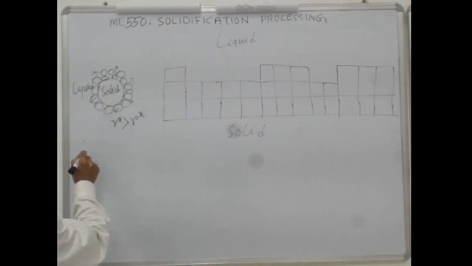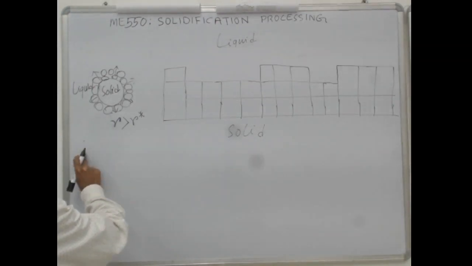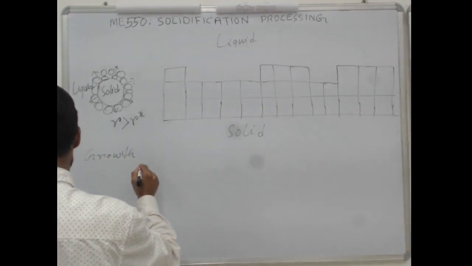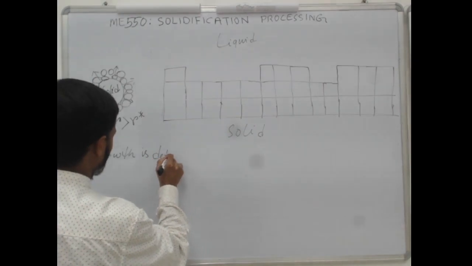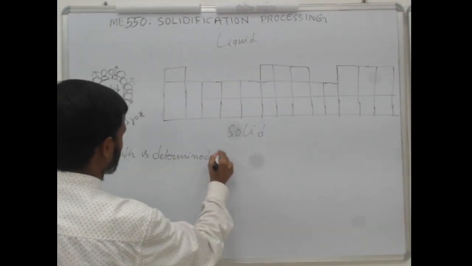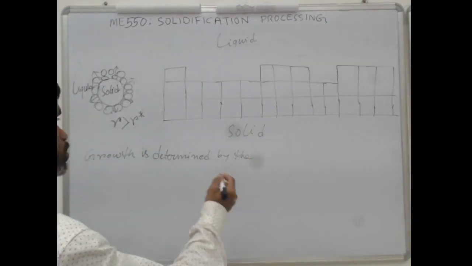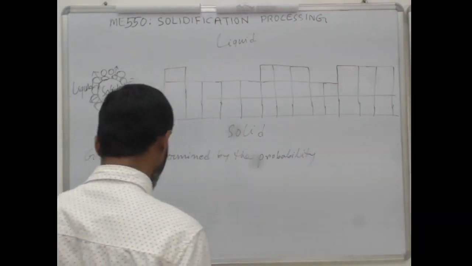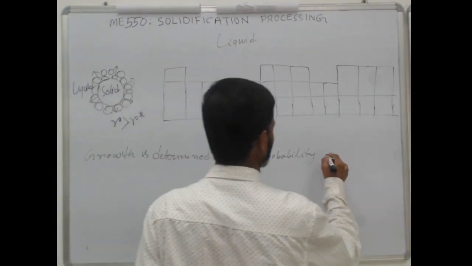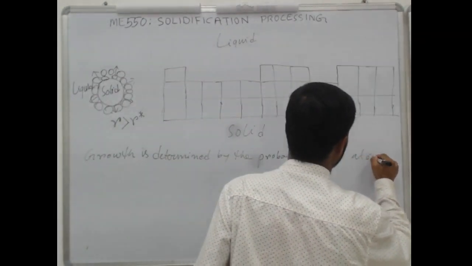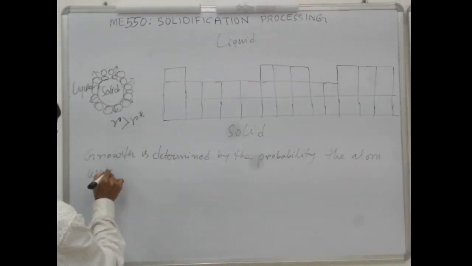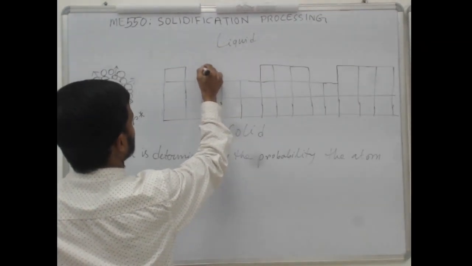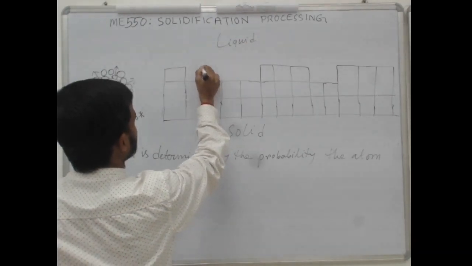As we have just said, the growth of a crystal is determined by the probability that the atom will stay there and become part of the crystal. Suppose one atom is coming here, in this location, so it will complete this structure.